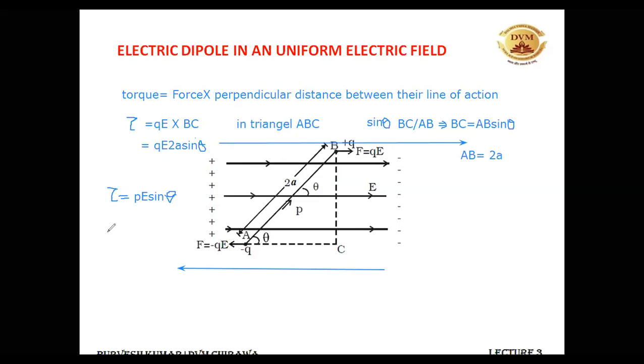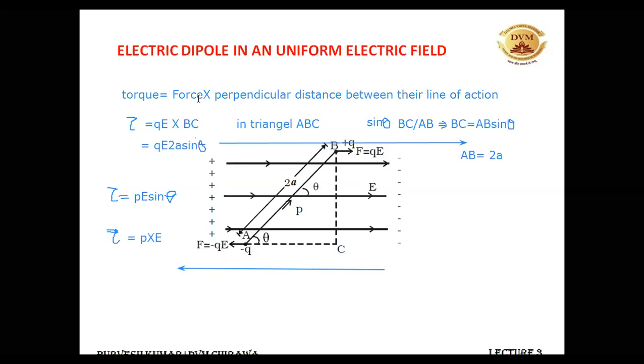And now, in vector form, vector tau is equal to vector P cross vector E, because AB sine theta is A cross B, we know this from the cross product of vectors.